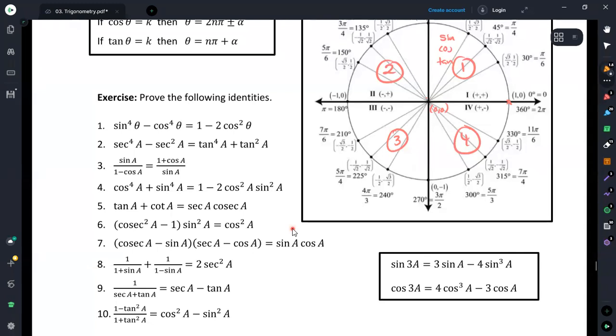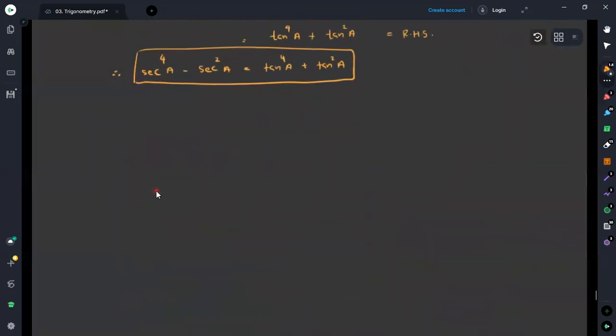It is mentioned that on the left hand side it is sine A over 1 minus cosine A, and it says that this equals 1 plus cosine A divided by sine A. This is the identity that we are asked to prove.